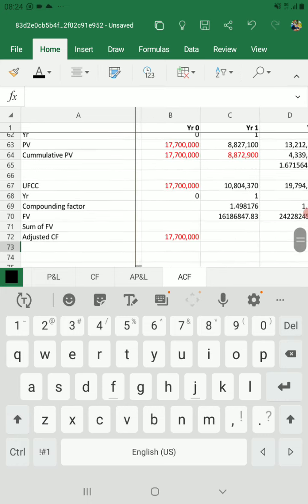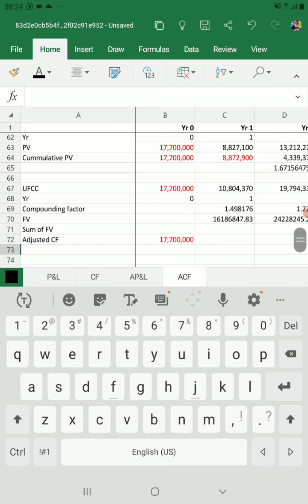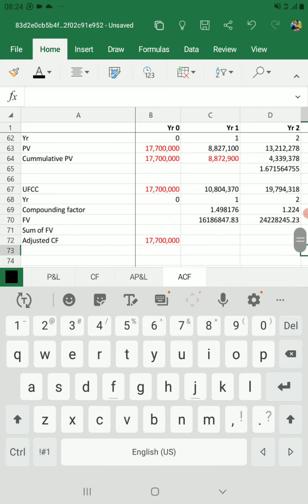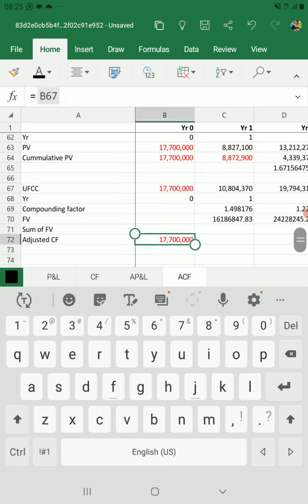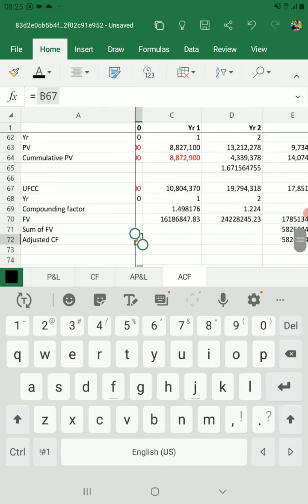So our adjusted cash flow now has two occurrences. One is initial outlay, where all negative cash flow have been discounted with finance costs, but we don't have negative future cash flow in our projection.